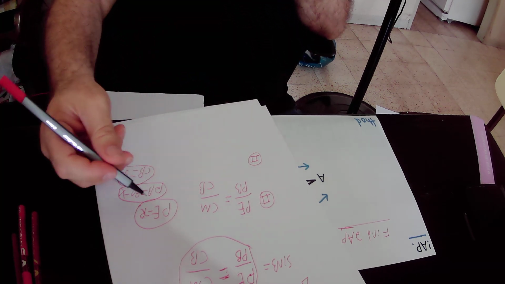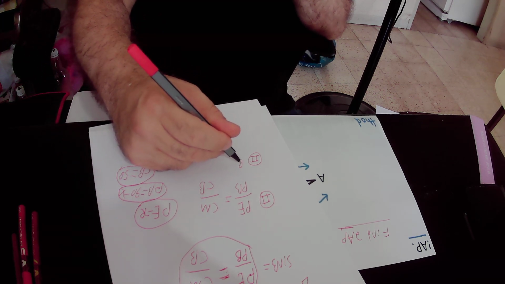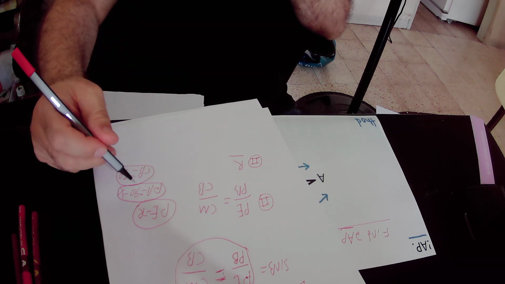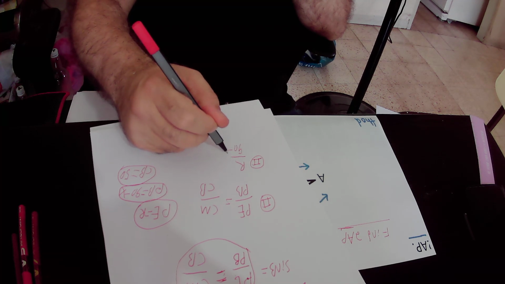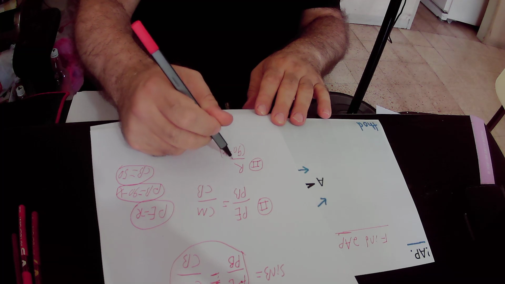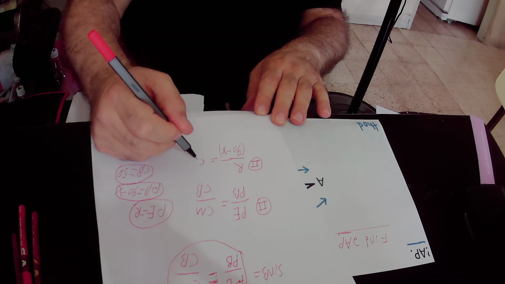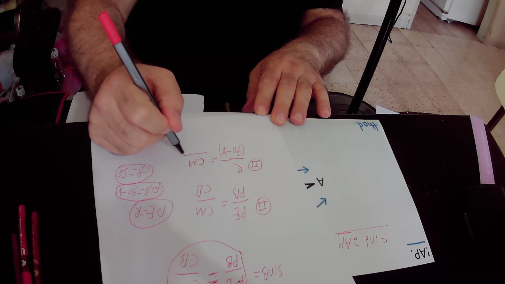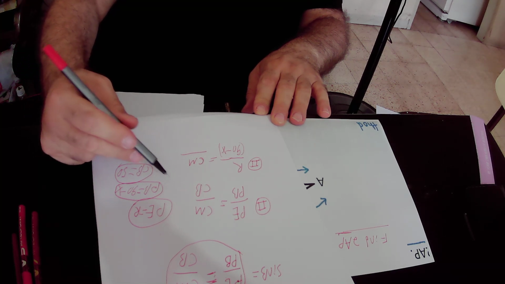So instead of PE, we'll write R. Instead of PB, we'll write 90 minus X. Equals to CM, we leave CM as it is, over CB. CB equals to 50, so we substitute CB by 50.